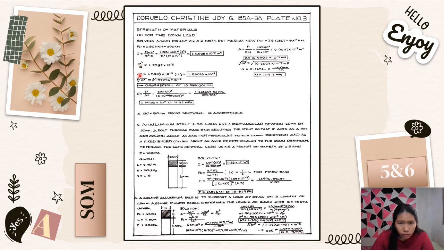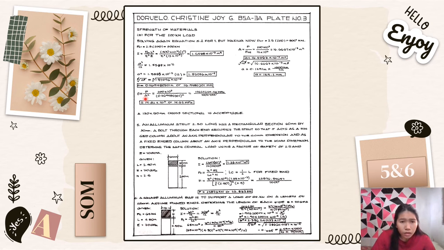So, a raised to 4 all over 12 is equal to 1.5588 times 10 raised to negative 5. So, a to the fourth is equal to 1.5588 times 10 raised to negative 5 times 12. So, the answer is 1.87056 times 10 raised to negative 4.